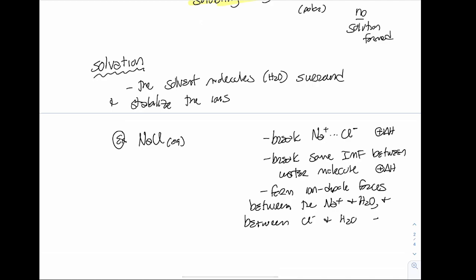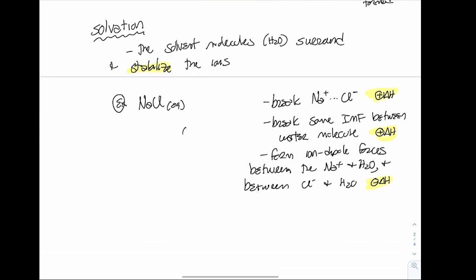And then that's going to have a stabilizing effect, so I'm going to have a negative enthalpy change for that. We have to put energy into that part, but then we get energy out of it when we're done. And we're going to get more energy out of it because we're stabilizing it, right? Solvation is a stabilizing effect.